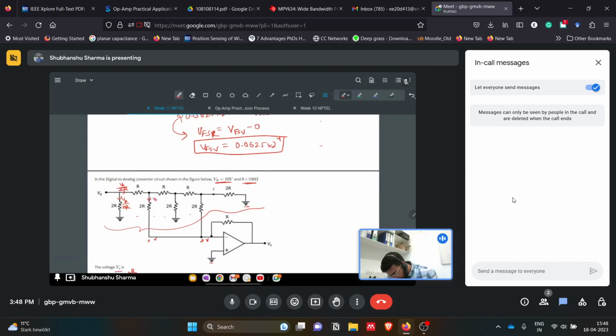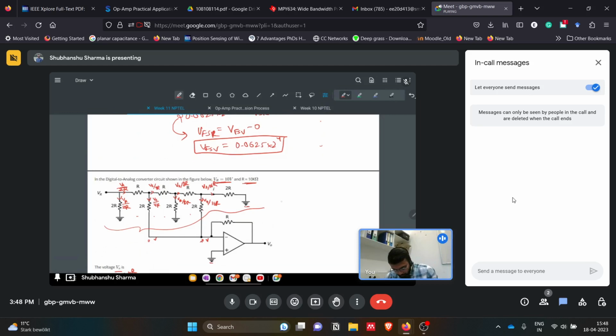So this will be VR by 4R, this will be VR by 4R, this will be VR by 8R, this will be VR by 8R, this will be VR by 16R, this will be VR by 16R.